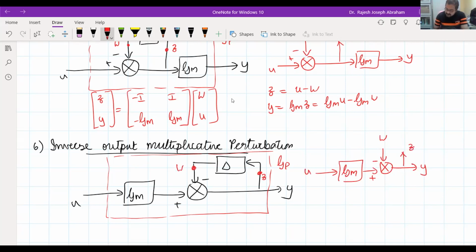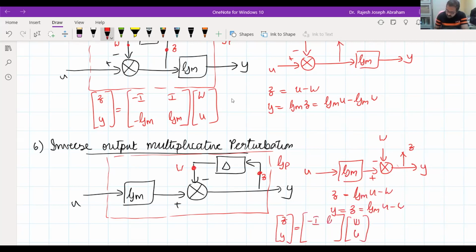Okay. So what is Z? Nothing but the signal at this point. What is the signal at this point? GMU minus W. What is Y? Same as Z, that is GMU minus W. So what will you get in matrix form? ZY equals something into WU. Minus I, GM.